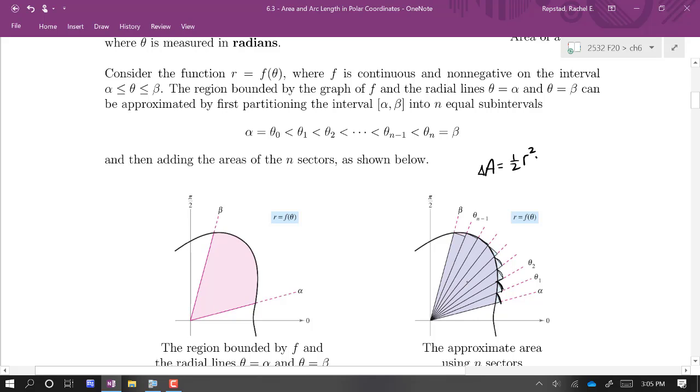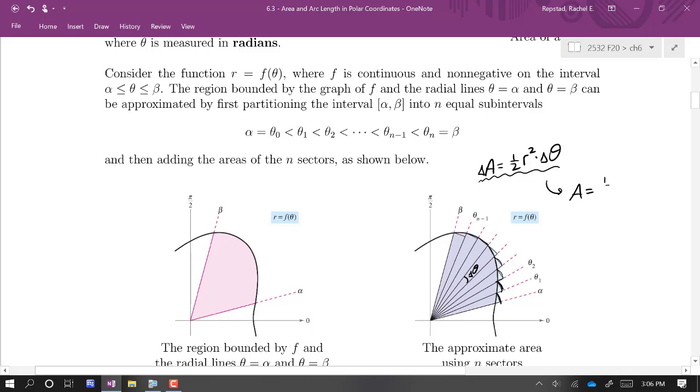But in this case, our theta is actually our delta theta. We're chopping it up. That's our width, our little step, that delta theta. And this is how we're going to build the definite integral that's going to give us the area of a polar region.